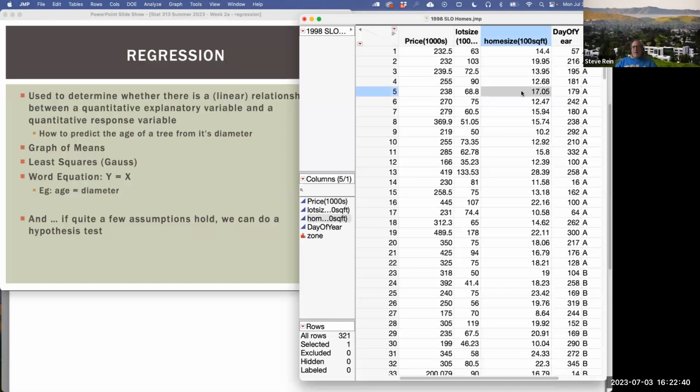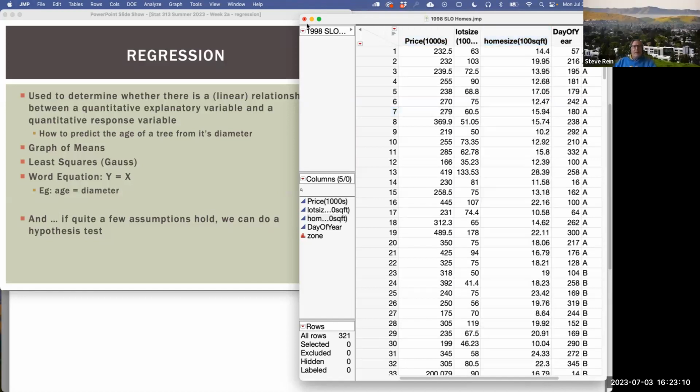So 17.05 times 100 would be 1,705 square feet. And 1594 is 1,594 square feet. So maybe it's not the unit the way you'd write it out, but still it's not uncommon. And price in dollars may depend on home size.